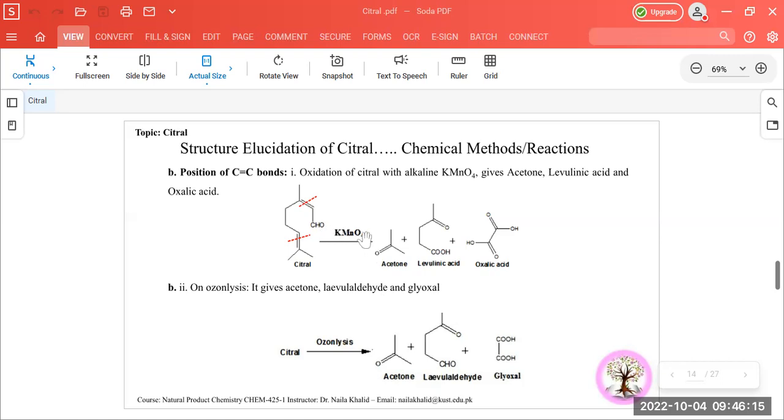After oxidation with potassium permanganate, we got three different products: acetone, levulinic acid, and oxalic acid.